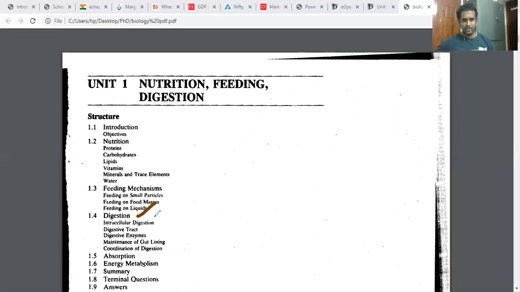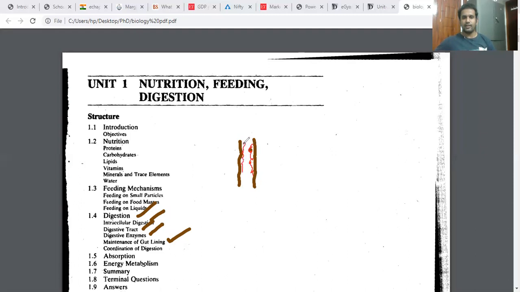Then we will see the digestive process. Intracellular digestion, the digestive tract, digestive enzymes, and how our gut linings work. Gut lining is, if this is our throat, this part is called the lining.